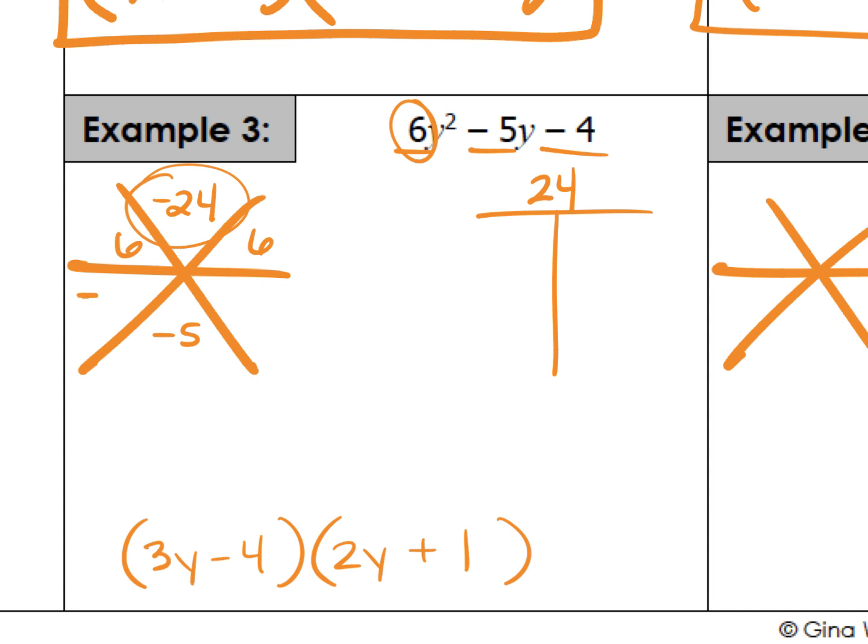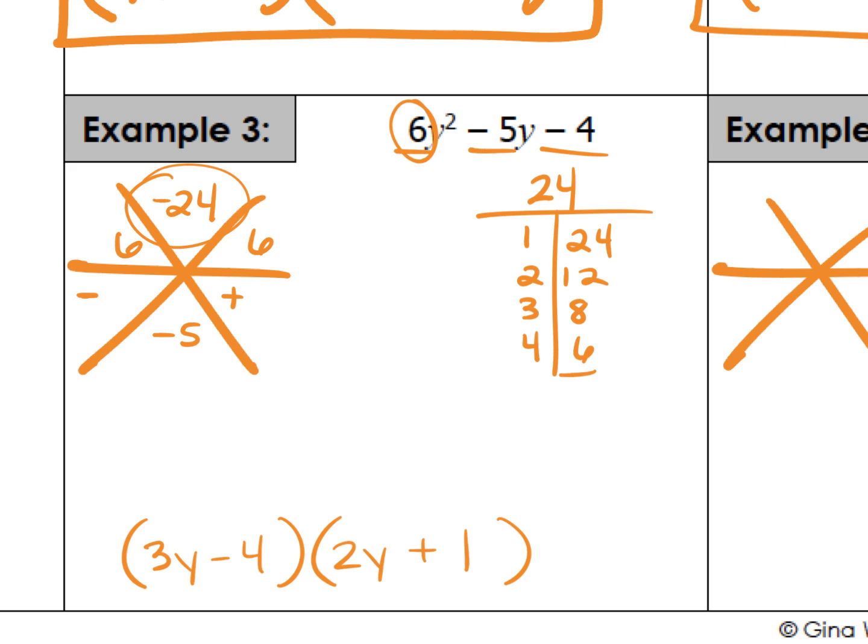So call one of these negative and one of them positive. We got to figure out which one's which and what that set of numbers will be. So 24 is 1 times 24, 2 times 12, 3 times 8, 4 times 6, 5 doesn't work, and then you're back to 6. Okay? Have you noticed you do a lot of the same numbers over and over again? You're going to get real good at the factors for these.